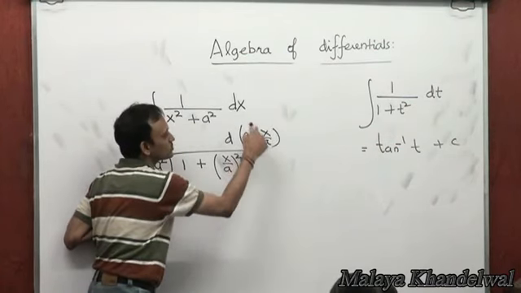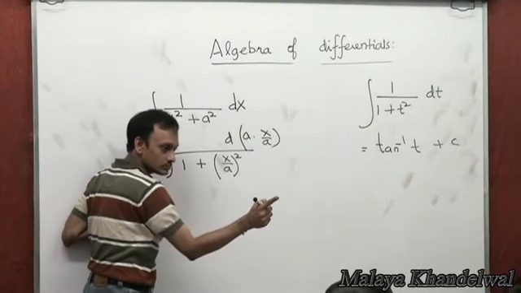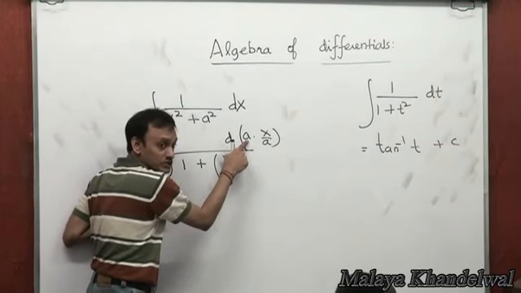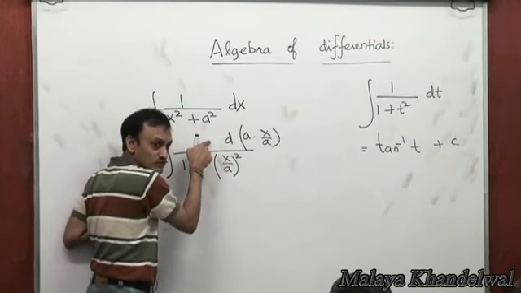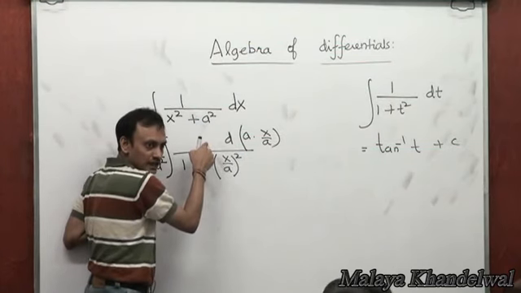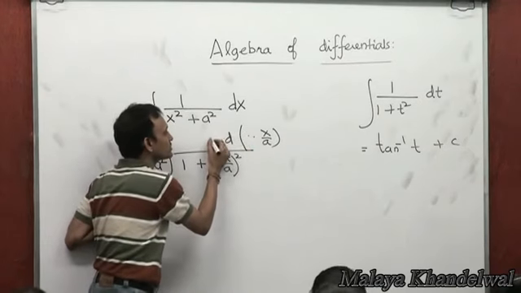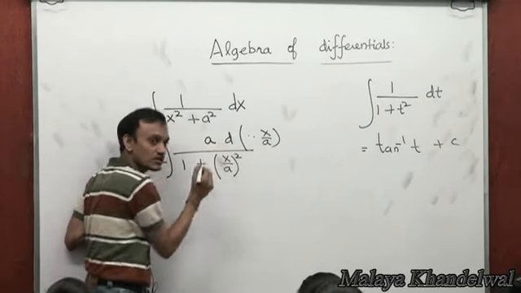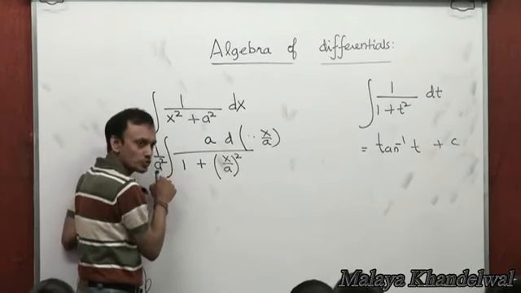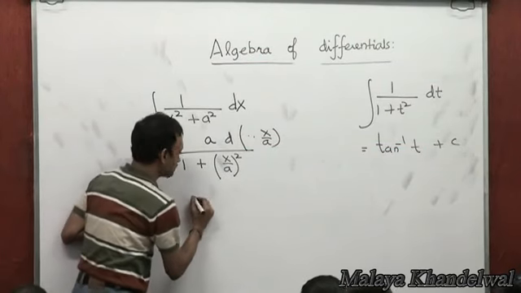This x could be written as a into x by a. And then this a, by virtue of properties of differentials, can come out of the differential sign. So when this a comes out, it's sitting right here. And then this a with this a squared would cause it to become 1 by a.